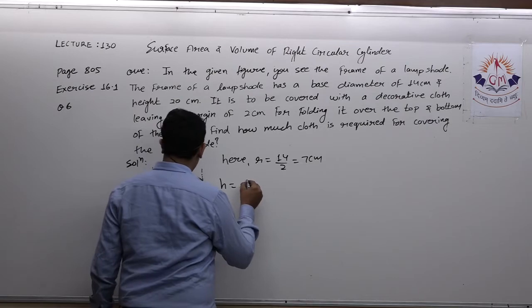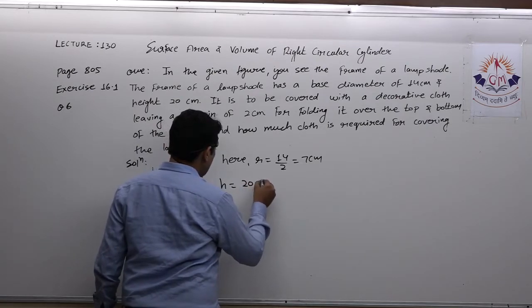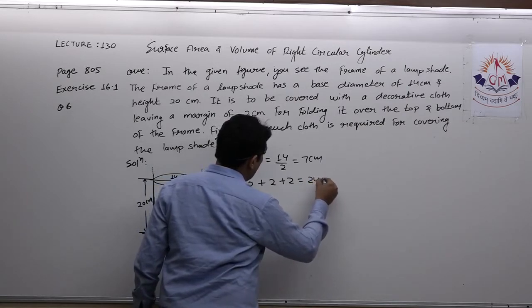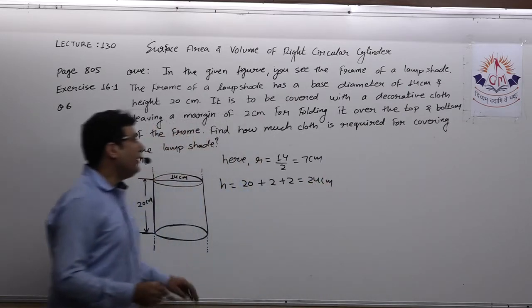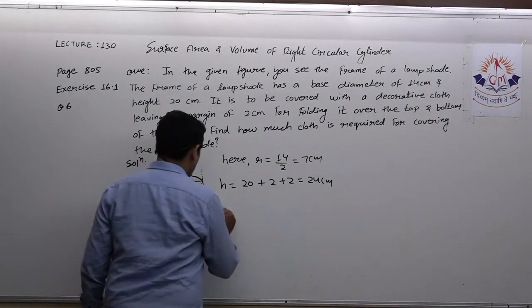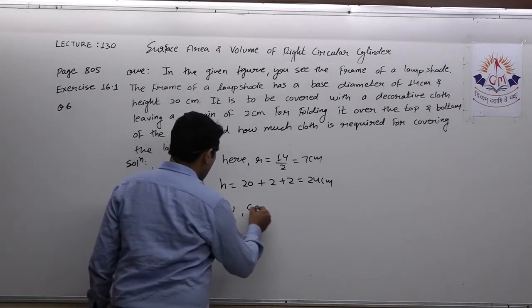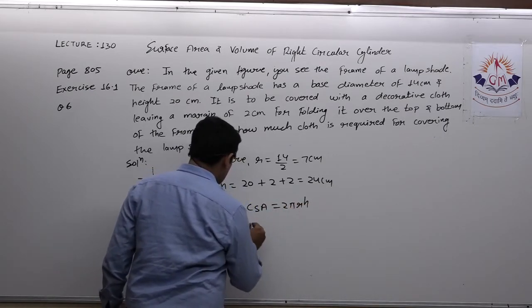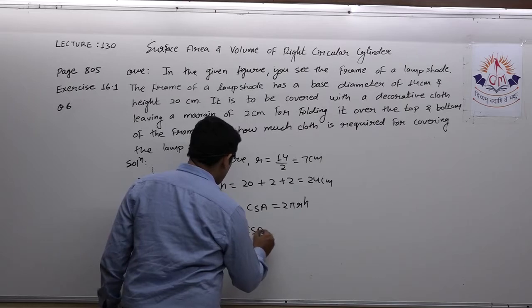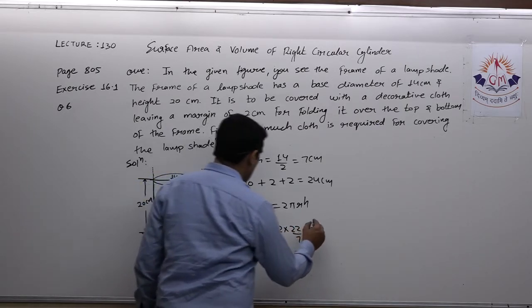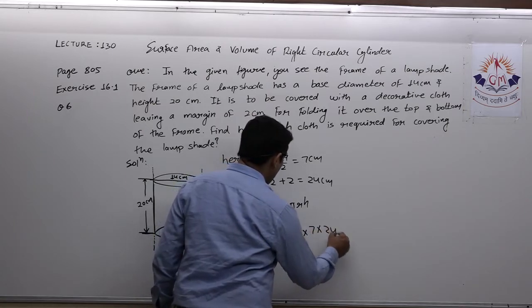H is equal to 20 centimeter plus 2 centimeter plus 2 centimeter, that is 24 centimeter. Now simply you have to find its curved surface area. CSA is equal to 2 pi r h. Therefore CSA is equal to 2 into 22 upon 7 into 7 into 24.